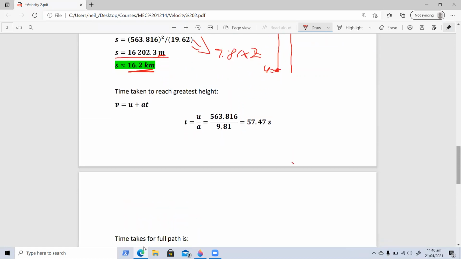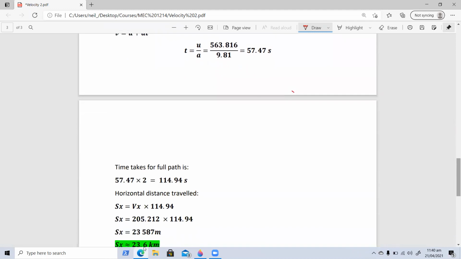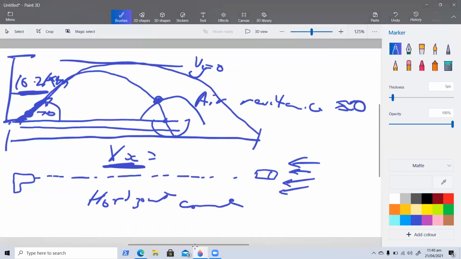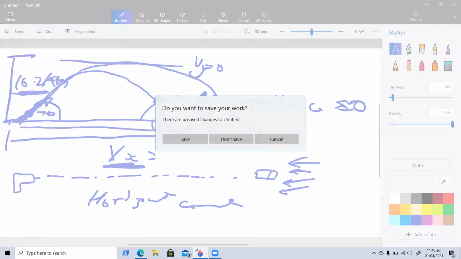Now, before we find that, we can first find the time taken to reach the greatest height.